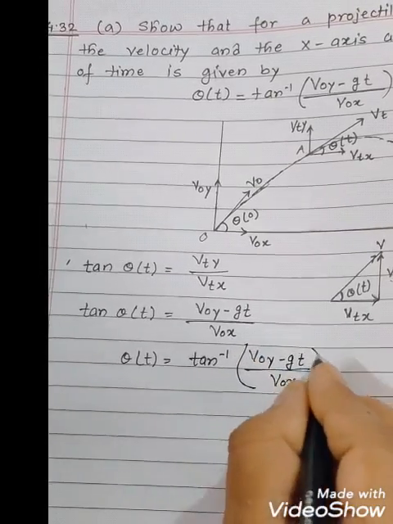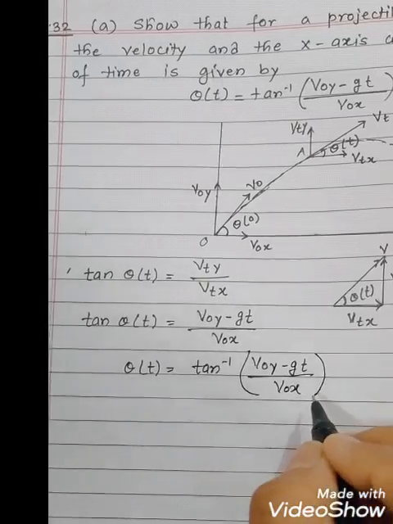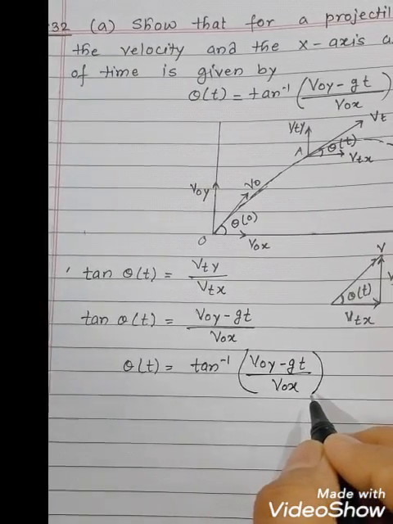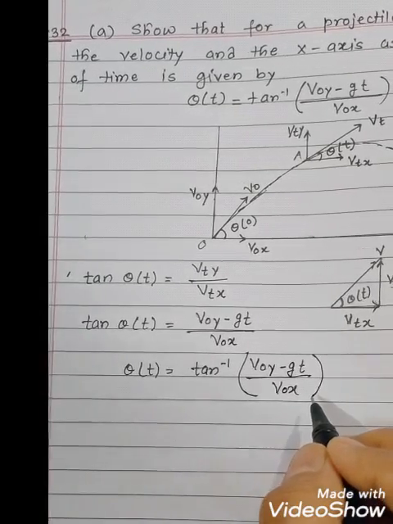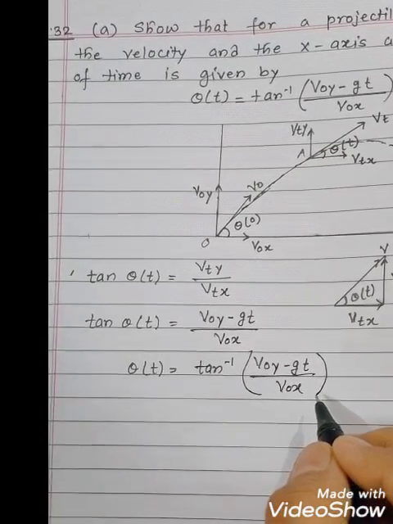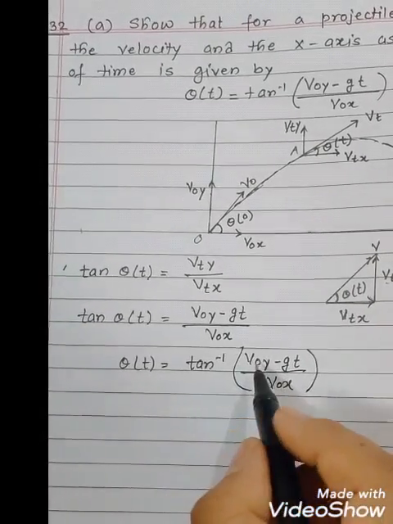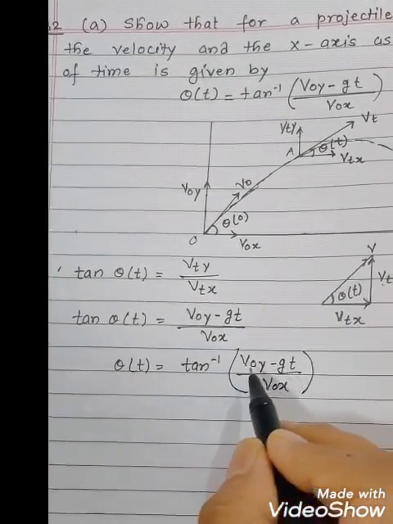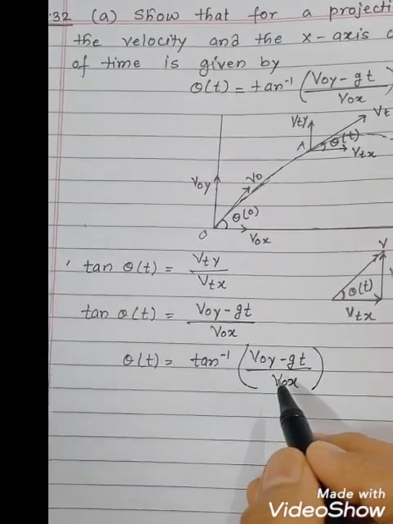This is the same formula that we have calculated for the oblique projectile while calculating the direction of the resultant velocity at any point in the projectile motion. Only the symbols change, otherwise the same formula is derived here.